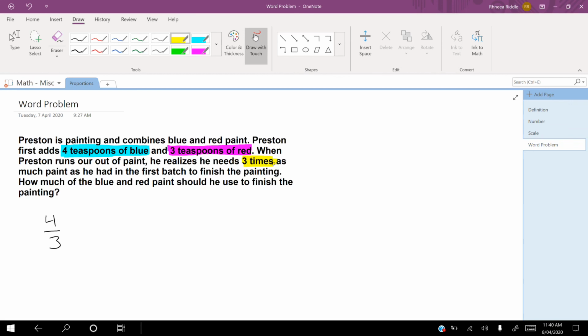This 3 times as much tells us our scale factor. So we are going to multiply the numerator and the denominator by our scale factor of 3. When we do this, we multiply 4 times 3 to get 12, and 3 times 3 to get 9.